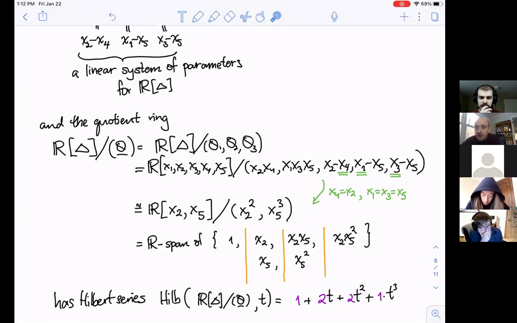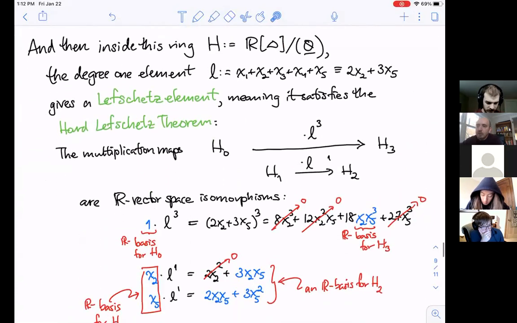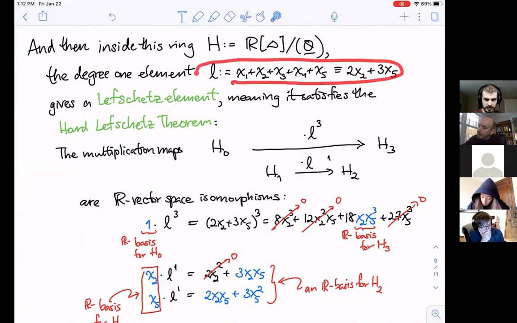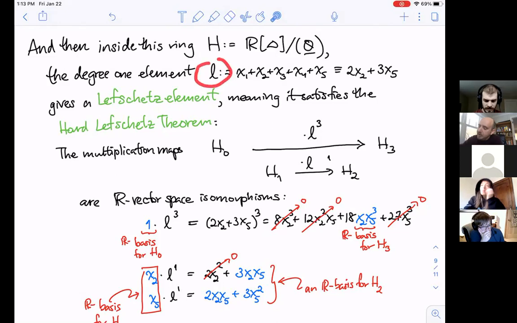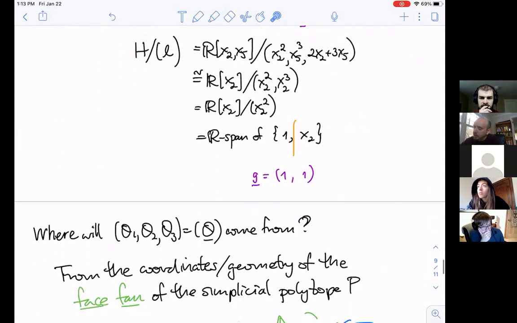What I'm going to have to show you next time: we just found a ring, this quotient, that interpreted the h vector. I'm going to show you how next time in that ring, I can pick a degree 1 element. Again, for the moment, mysteriously. Later I'll show you exactly how you pick it, such that when we quotient this ring by the ideal generated by that degree 1 element, it will interpret the g vector.